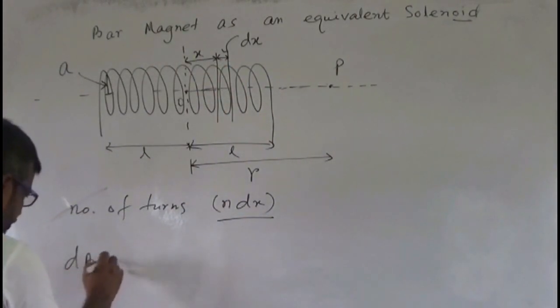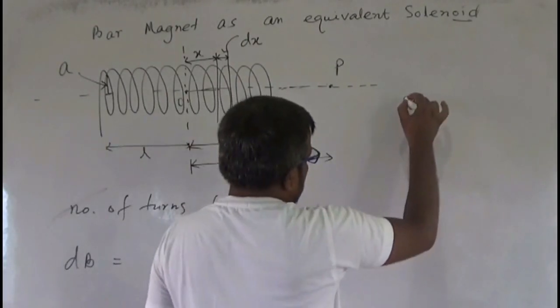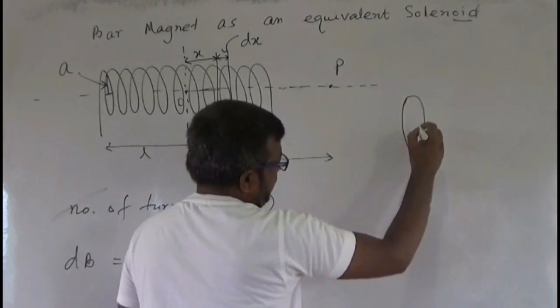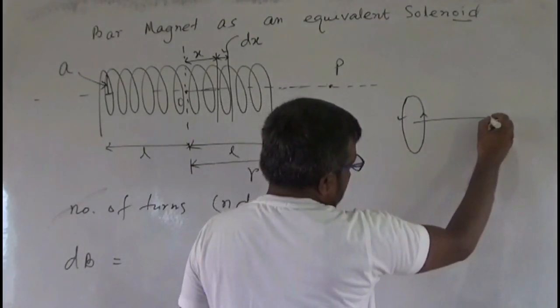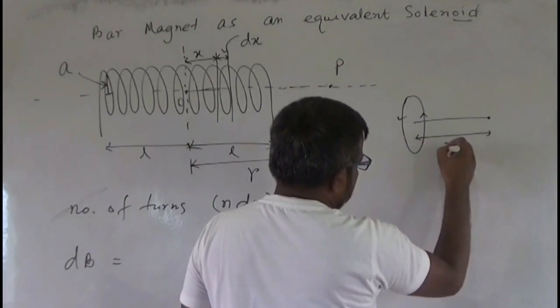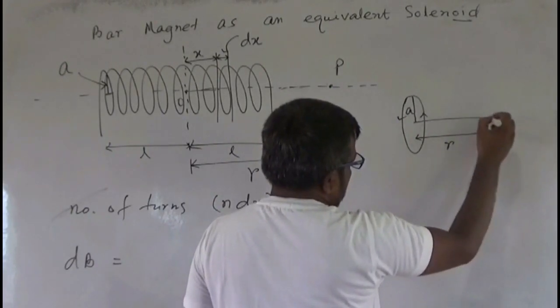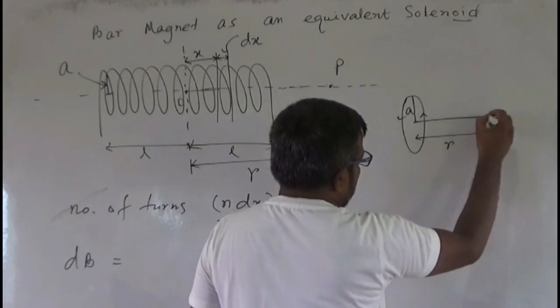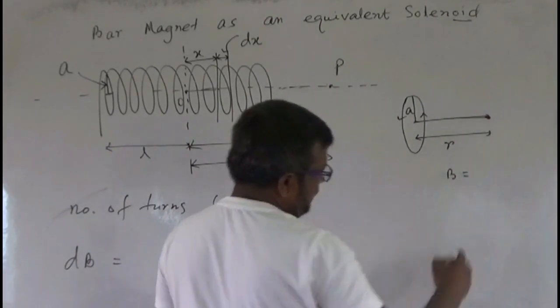Let us say that is dB, and for dB we have already deduced an expression. If this is a circular loop of radius a, then at a distance r on the axis of the circular loop, the field B is equal to what?